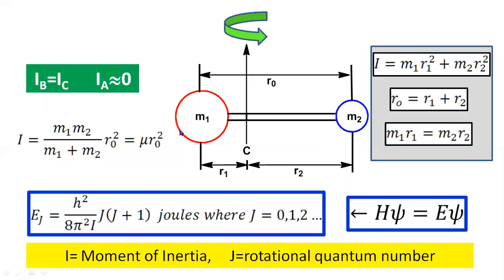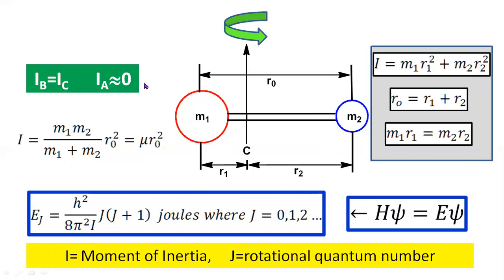The mass m1 is larger than m2. Now the distance between the atoms will not change during the rotation. This is the condition of a rigid rotor. That means while rotating, there is no change in the distance between the two atoms. That is the reason why we call it a rigid rotor.